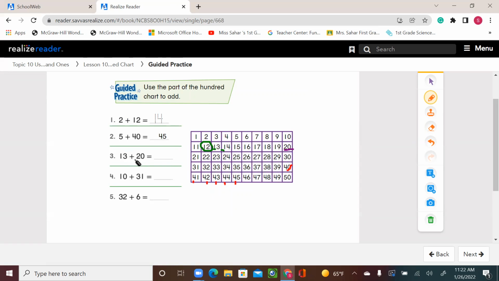Why did I say 1 whole row? Because I know there's 10 in each row. So I know 13 means 1 ten and 3 ones. So I can make it easy. I have 20. So I go 1 whole row, 30, and then I have 3 ones, 1, 2, 3. So 20 plus 13 equals, very good, 33. So let's write this down, 33.